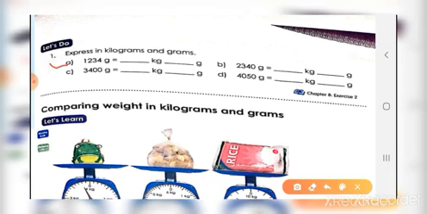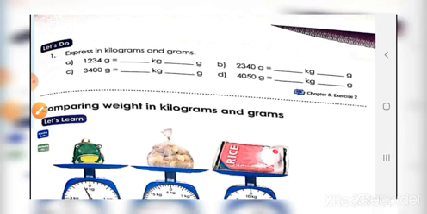The first thing you have to do is look at the thousand value. Here we have 1000, which means we have 1 kg. The rest you have to write in grams, so that is 234 grams. The rest you have to do yourself. The first one I have done for you.